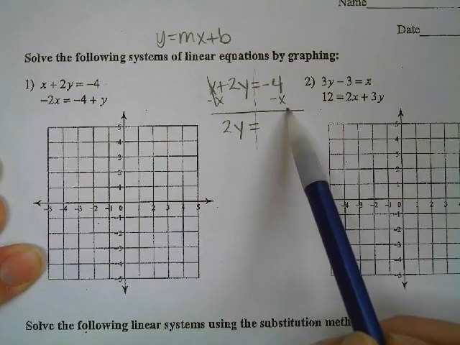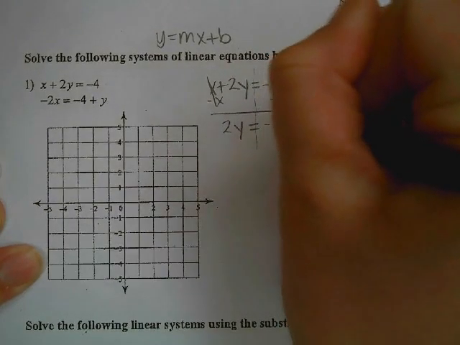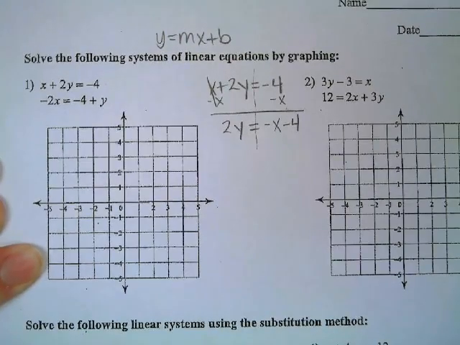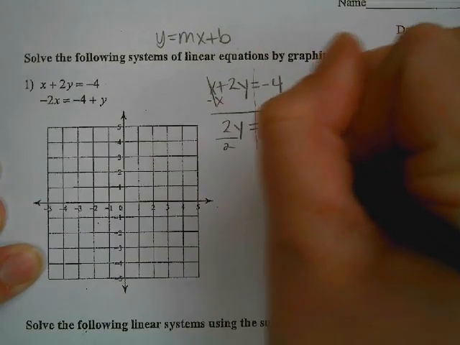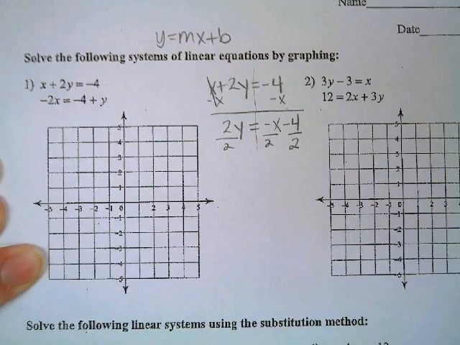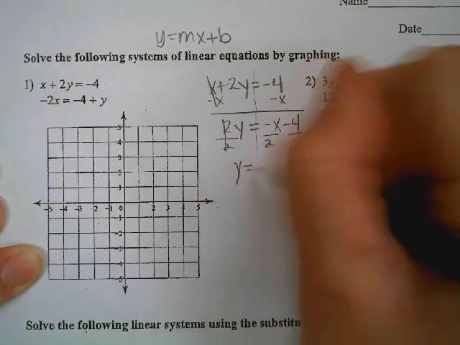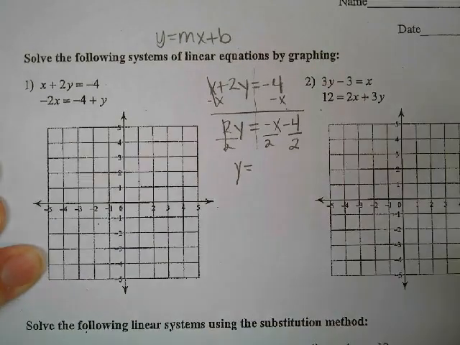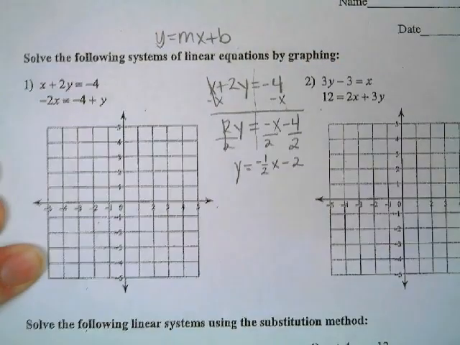So this is going to be negative x minus 4. Then to get y by itself, divide everything by 2. So this simplifies to y equals negative 1/2 x minus 2.